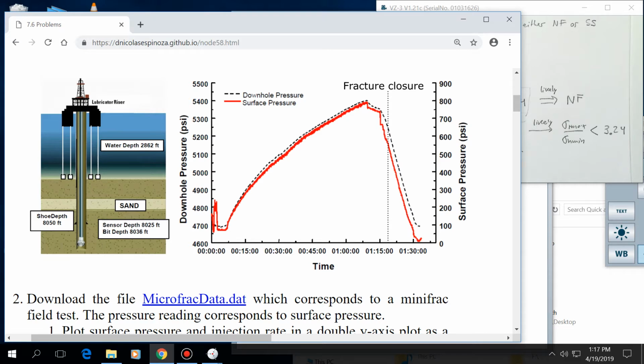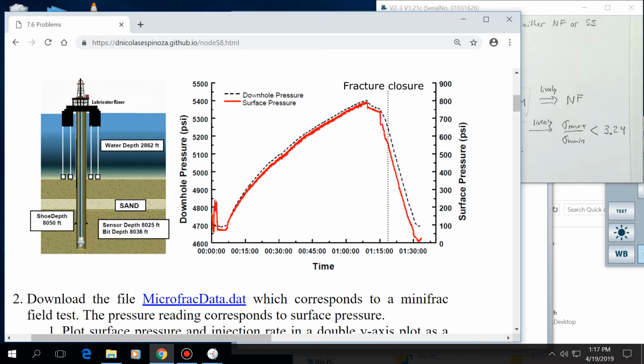Anyone got the value for that? 11.05. And does that make sense to you? Yeah. The units you are giving are pounds per gallon, right? So yeah, that makes sense to me as well.